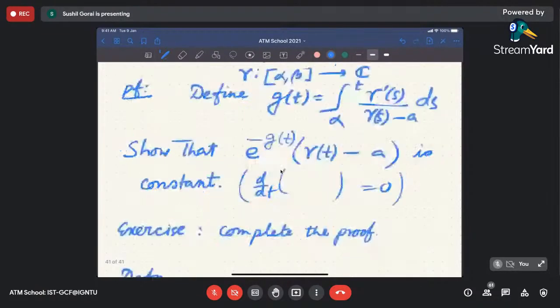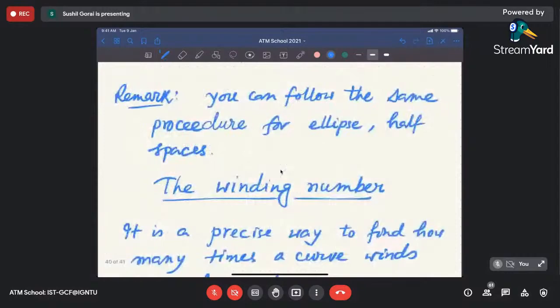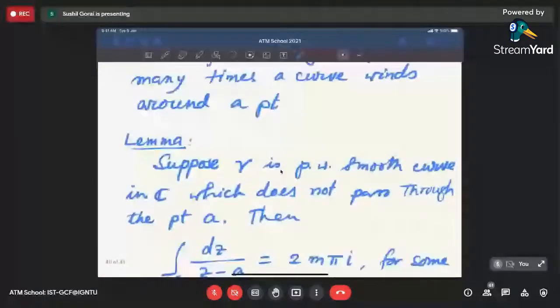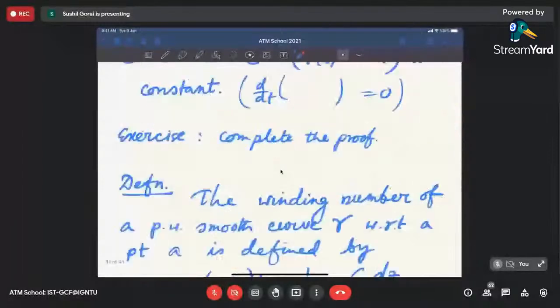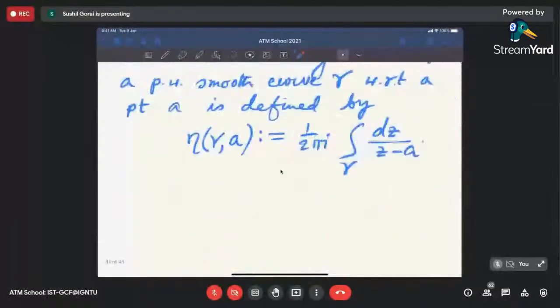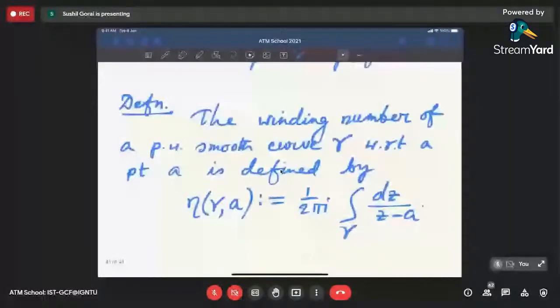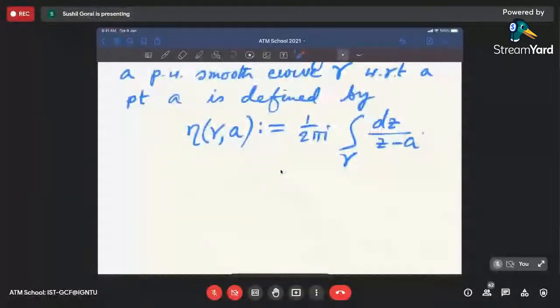So that's what I was pointing out, that we need to define this in terms of this integral. All right. So this is the winding number, and the previous lemma says that it is always an integer. It may be negative.